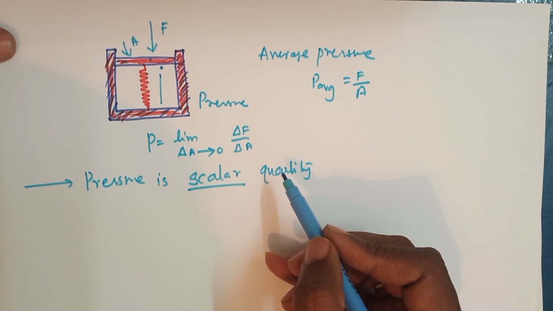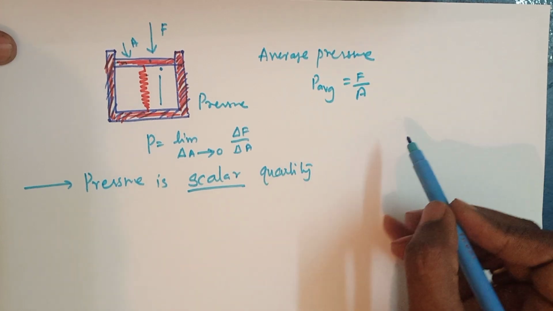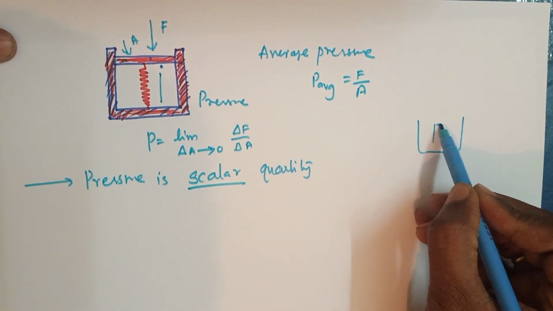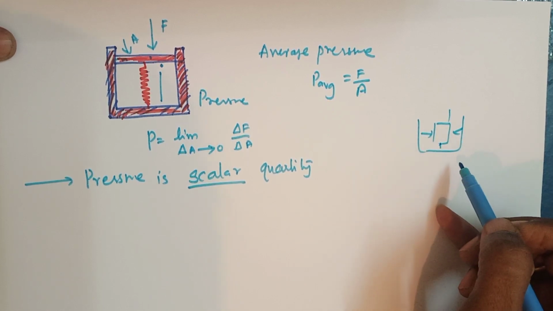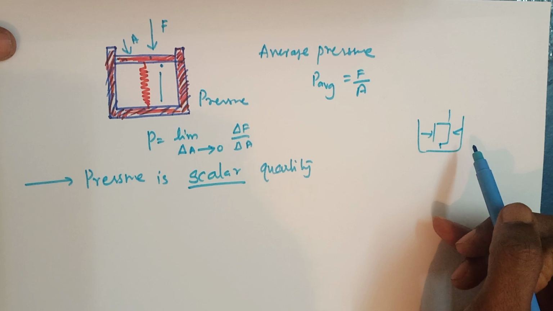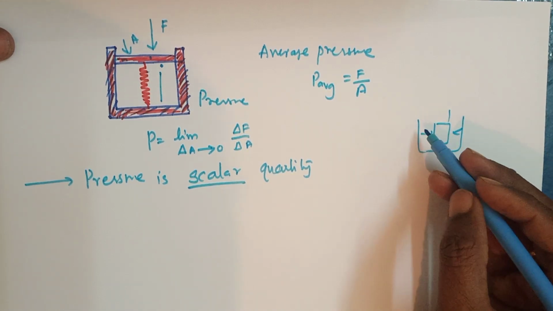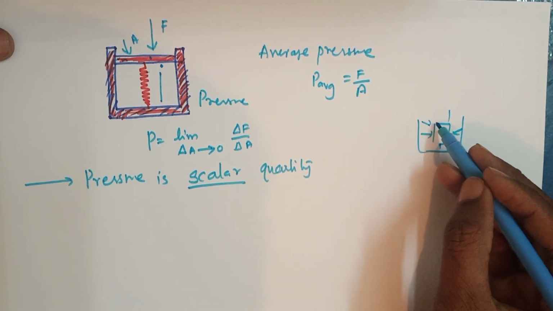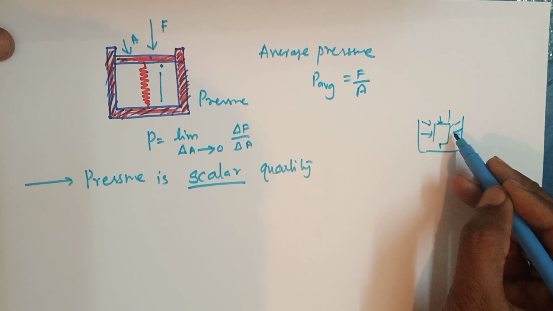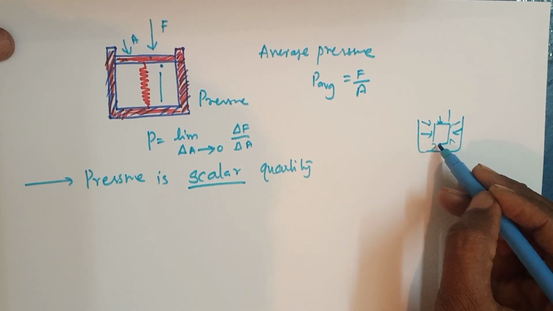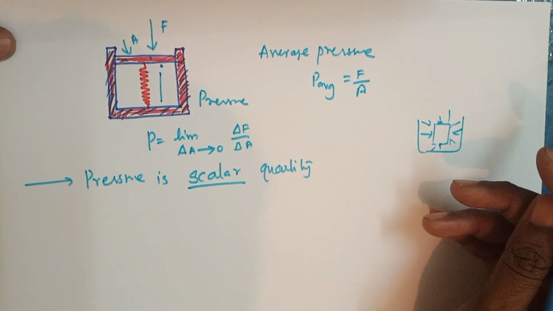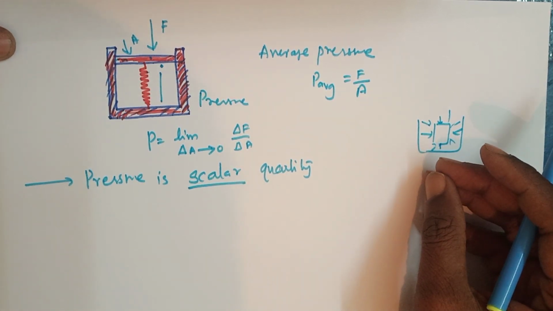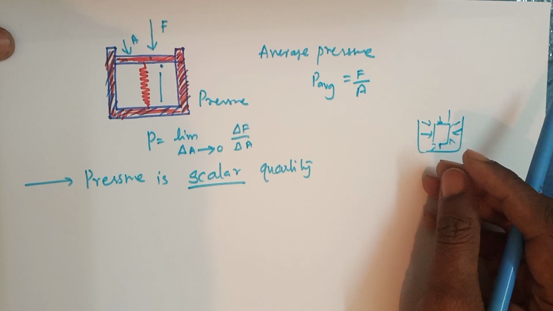It appears to be a vector since we have seen a direction of the force, and force per area. You can think of it as a vector, but that is wrong. There are many directions of forces, so assigning a direction to pressure is wrong. It is a scalar quantity.